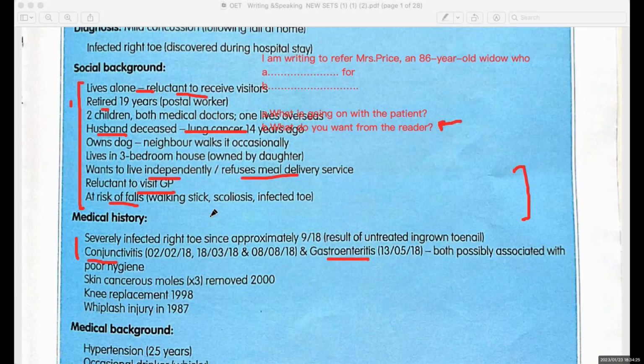On top of that, she has questionable hygiene that has resulted in conjunctivitis and gastroenteritis in the past. She has a severely infected toe because of that issue. And I am also going to include that during 2 days of hospitalization, the patient's condition was found satisfactory and therefore the discharge.